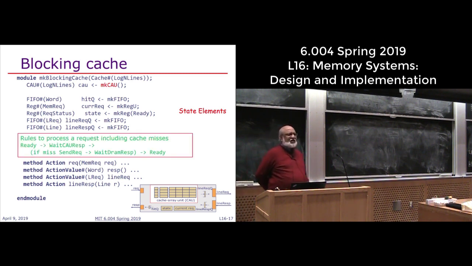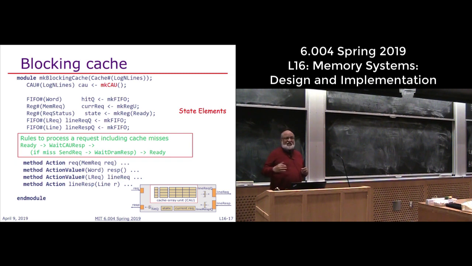Now the interesting part is you have to write all the rules, because the methods are going to be very easy. If the response that comes back is the ready case, it is very easy: just pass it on, just initiate the read in CAU.